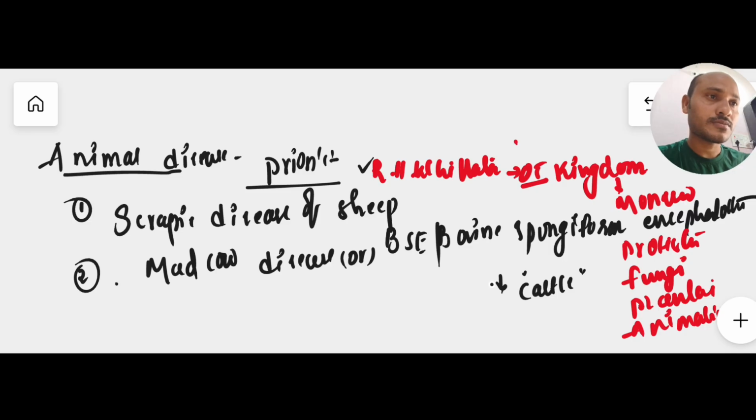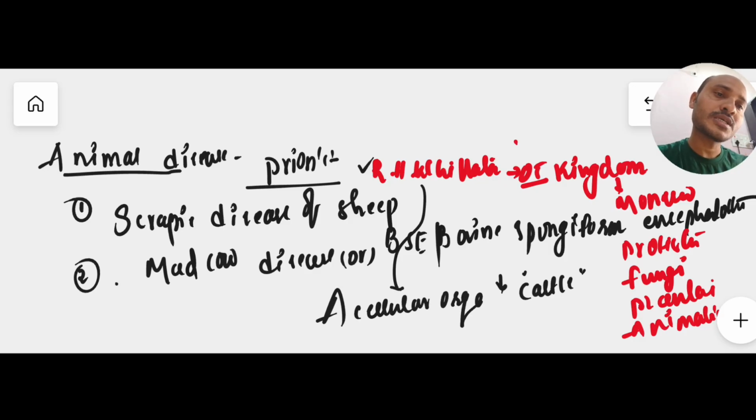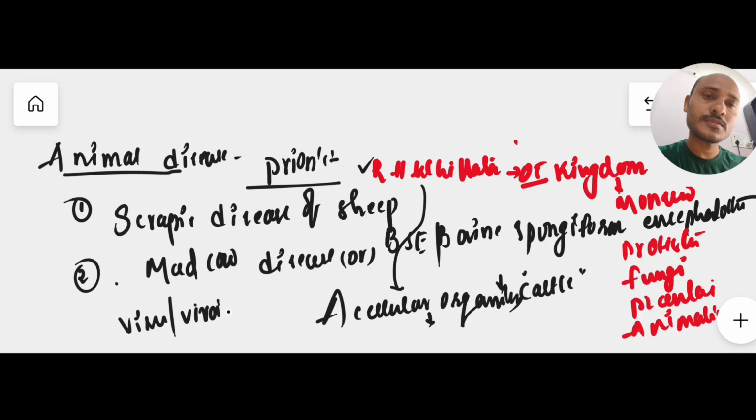But these organisms we have discussed, like virus, viroids, prions, and also lichens, which we will discuss in another video lecture, are not placed in any of these five kingdoms, because they do not have cellular structures. These organisms are acellular organisms. Acellular means lack of cell structures.